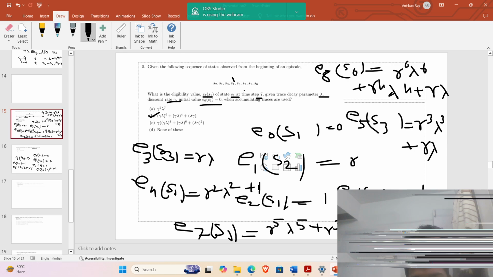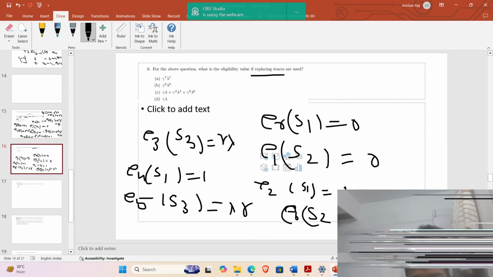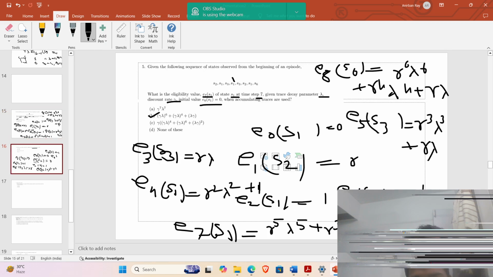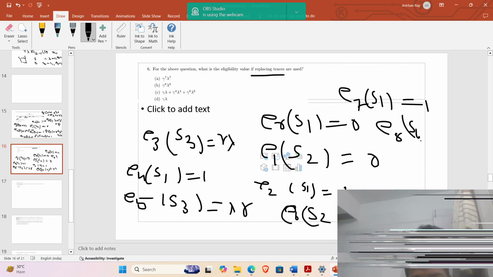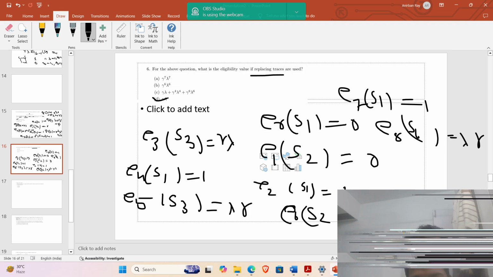Next we have S1, a desirable one, so it becomes 1. So E7 S1 equals 1, and E8, whatever that is, S6, becomes lambda gamma. So the answer is lambda gamma, 6D. So this one is done.